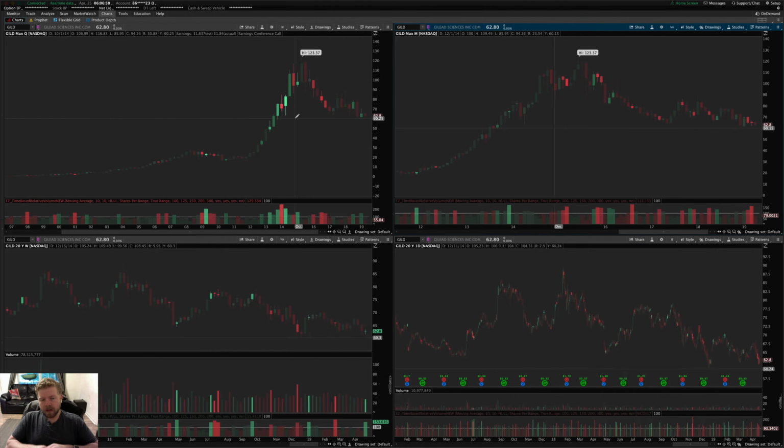But in any case, as a price action trader, which is what I do, I look at price and volume, and I have a few indicators to help me do that.